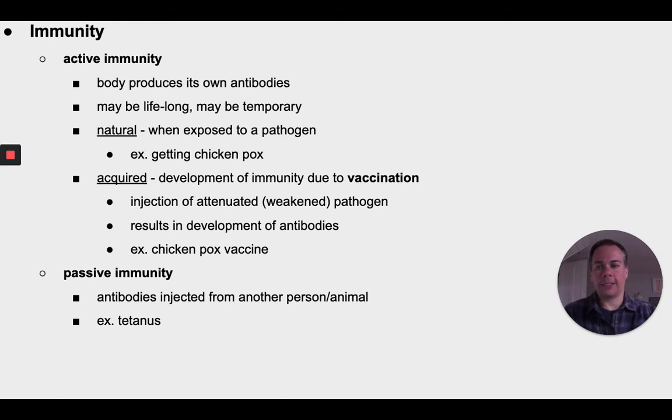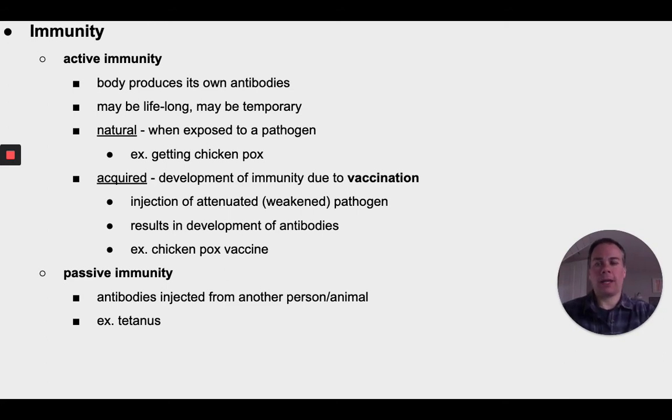And so I got sick with the disease, I had bumps and rash and so forth, but my immune system fought off the chickenpox virus, and it also created long-lasting antibodies in cells that are circulating around my blood today. If I were to be exposed to the chickenpox virus today, my immune system would kick in very quickly.